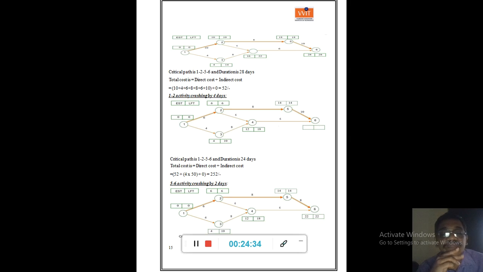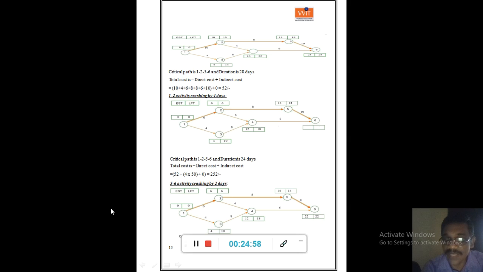What is the cost slope of the 1 to 2 activity? 50. So 4 days we are crashing, 50 into 4. Plus 0. This is not 52, my dear student.